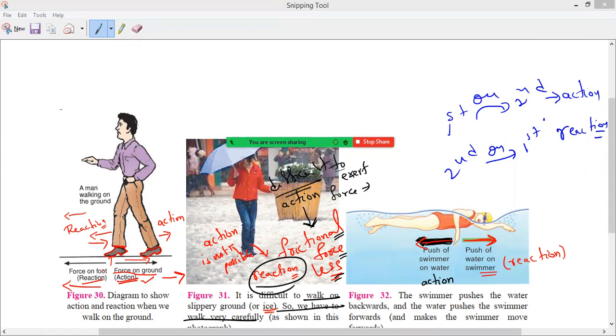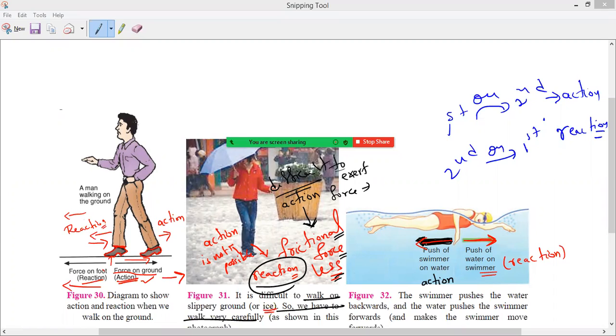So action and reaction forces are equal in magnitude, but they do not produce equal acceleration in the two bodies on which they act. That is what you have to remember. For example, take a gun and bullet. Is it possible to produce the same acceleration?